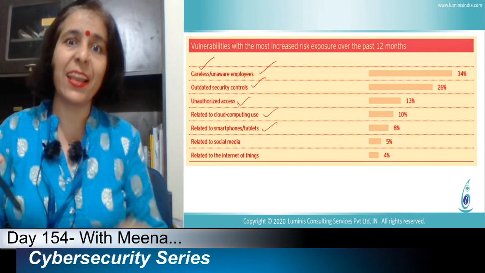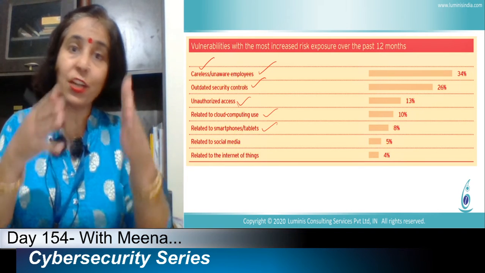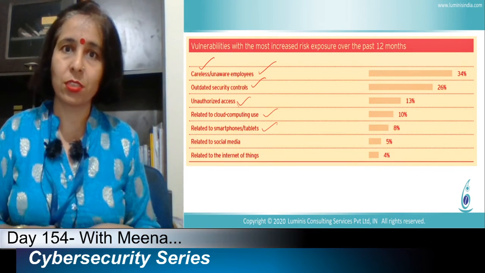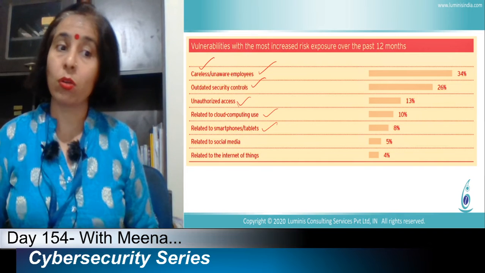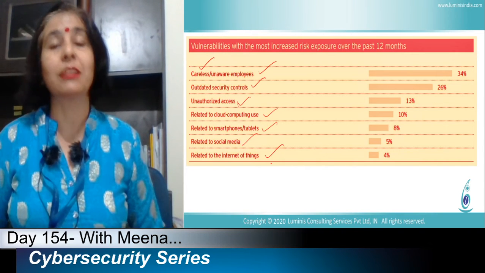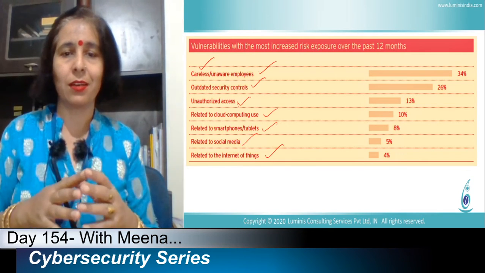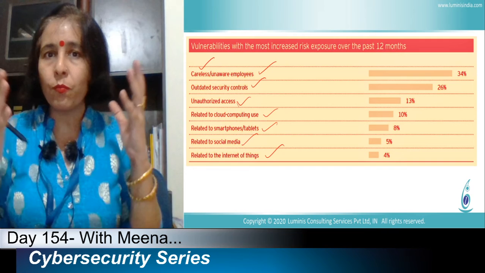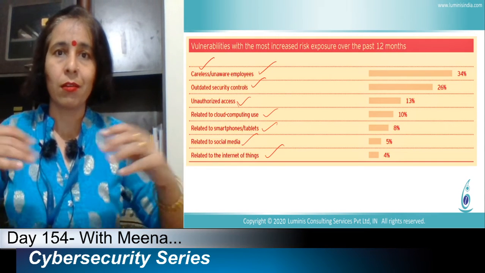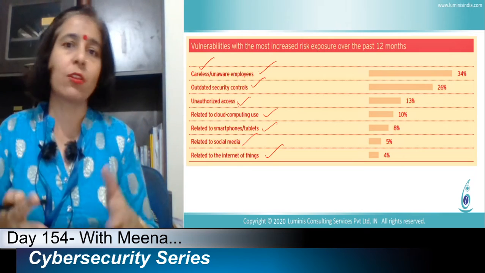Hackers will get a way, an entry point, to enter our network. Clear? Or we are leaving clues on social media or the internet of things. So these are the kinds of vulnerabilities which are opening the platform for hackers to exploit.